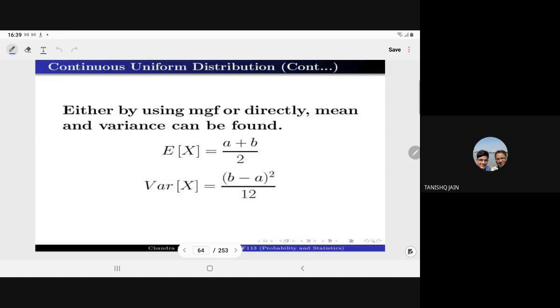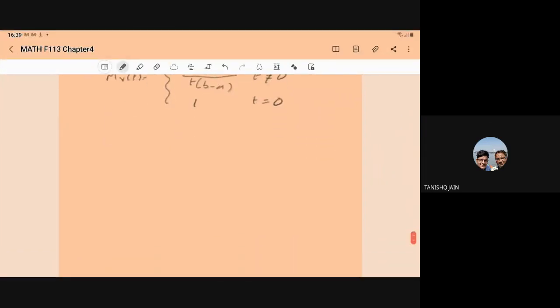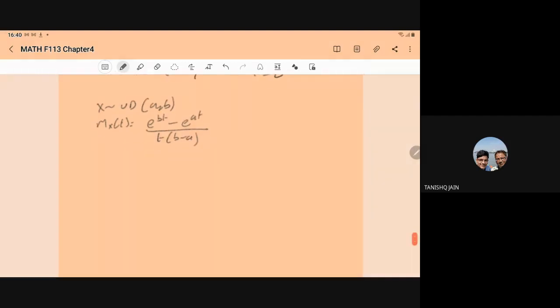Now from the mgf, or directly, you can compute the mean and variance for the uniform distribution. So it is given to you, x follows the uniform distribution with parameter a comma b, and mxt is e to power bt minus e to power at upon t into b minus a.